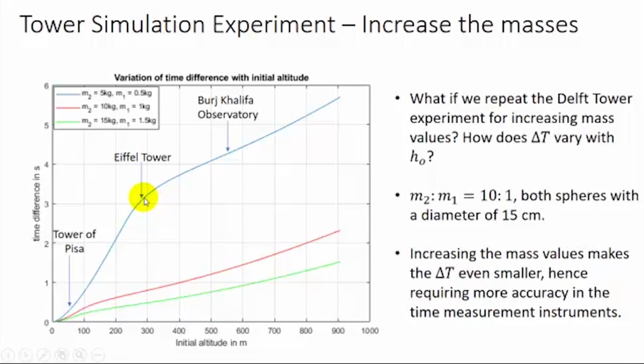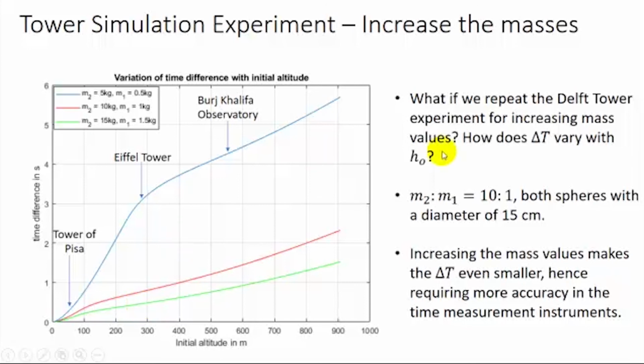For example, for the Eiffel Tower, whereas with masses of 5 kilograms and 0.5 we had a delta t of over 3 seconds, if the masses increase to 15 kilograms and 1.5, then this delta t comes below 0.5 seconds.